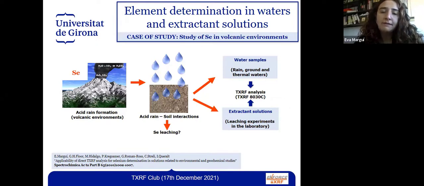So we evaluated the capabilities of TXRF specifically for the determination of selenium in rain, groundwater, and thermal water samples, and also in some extraction solutions that were used, for instance, to evaluate the potential leaching in acid-rain soil interactions.